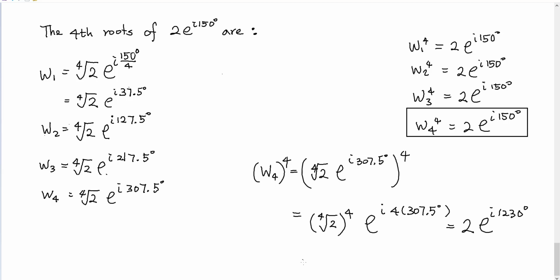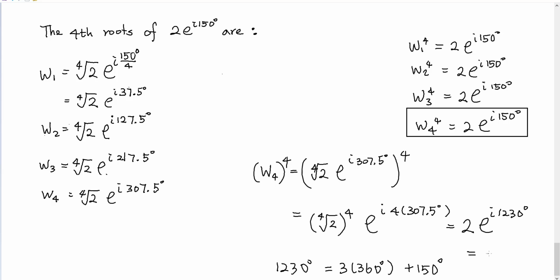degrees. Now, if you divide 1230 by 360, that's 3 complete turns. So 3 times 360 plus 150.